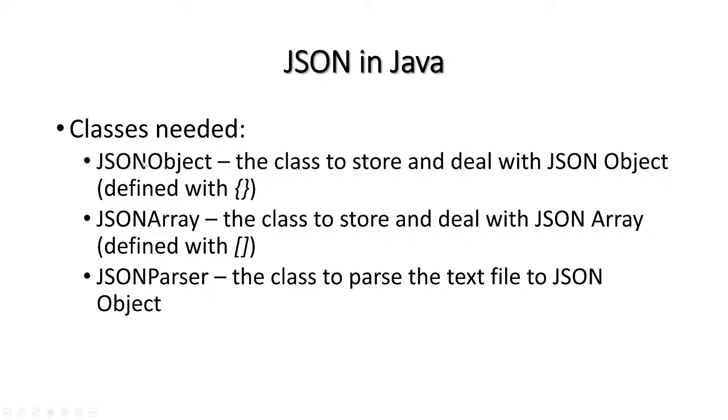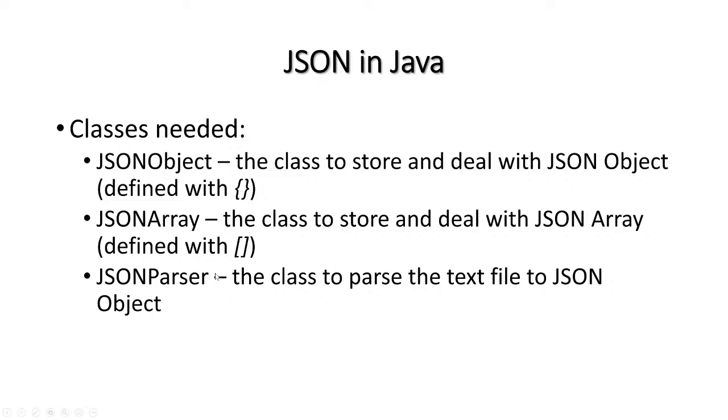These are the classes. JSON object is the class to store and to work with a JSON object, defined with curly brackets. I'm not sure how these brackets are called, but just with these brackets. Then JSON array is the class to store and deal with a JSON array, obviously with square brackets.